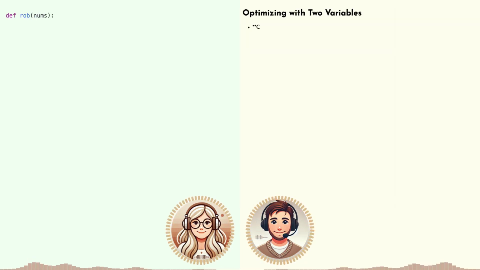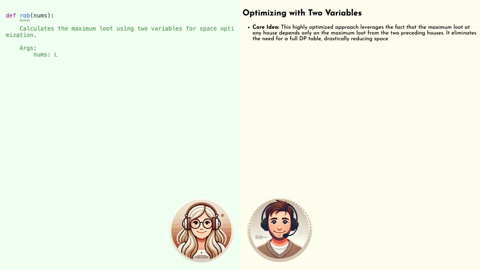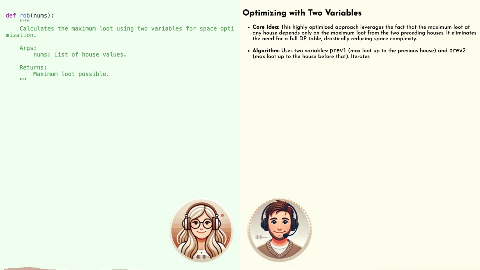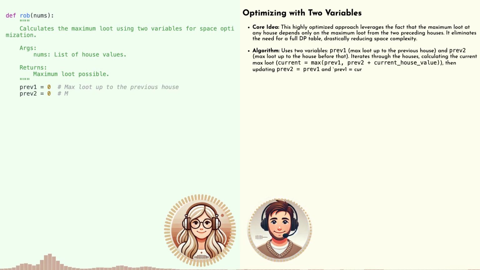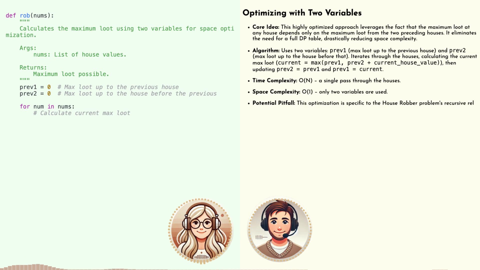Awesome, okay. But I'm thinking, this table is going to take up a lot of memory. Yeah, that's true. What if we have like 1,000 houses? That's a lot of entries in our table. So remember how at each house, we really only needed information from the 2 houses before it? We didn't need the whole street.